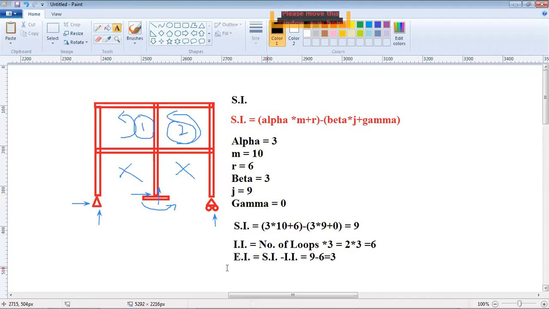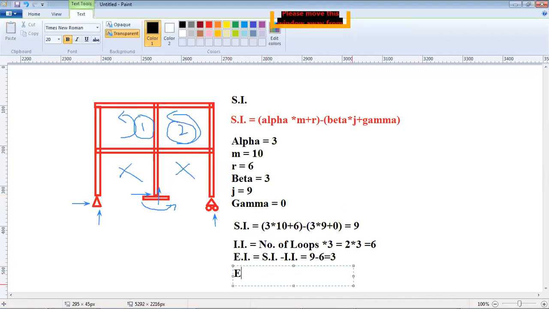There is another way to determine external indeterminacy: R minus 3, total number of reactions minus 3, which is the minimum number of reactions that you would have. Total number of reactions was 6: 2 at one hinge, 3 at the fixed support and 1 at the other. So this was also equal to 3.